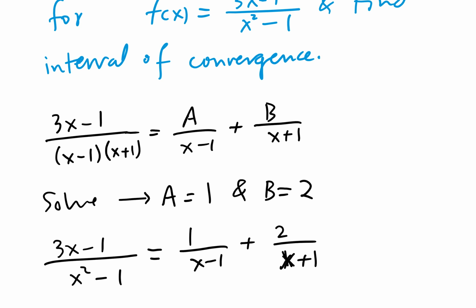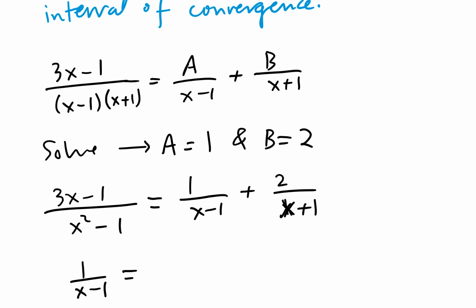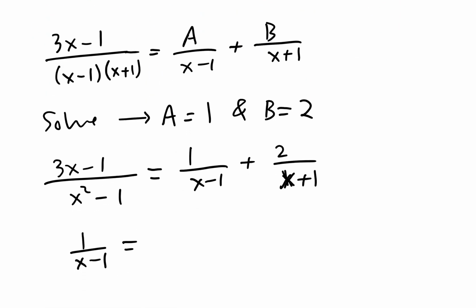And now we can take these two fractions as two series and work each one separately. So we're going to look at the sum of this, or if you don't want to put the sum, just this by itself. How do I get this? Remember, they are talking about centered at 0. Centered at 0, all I need to do is pull the negative out.